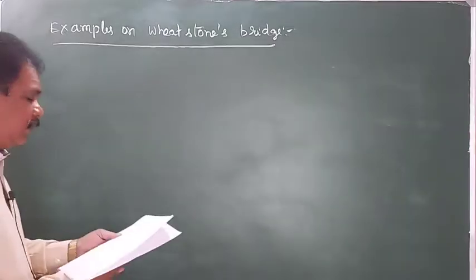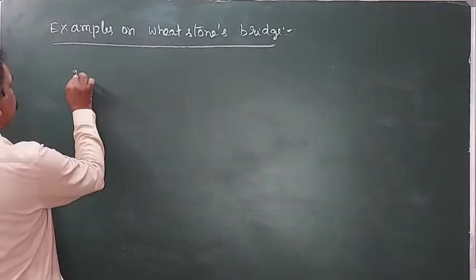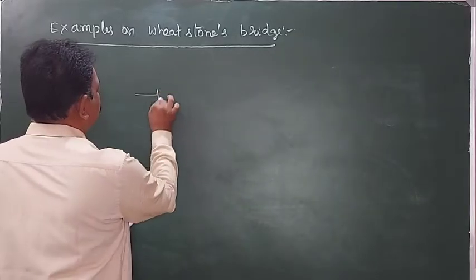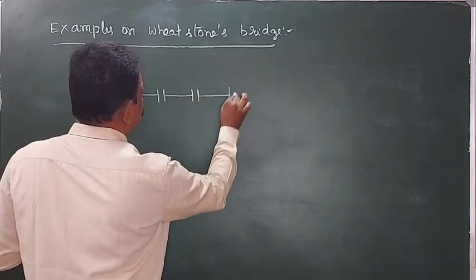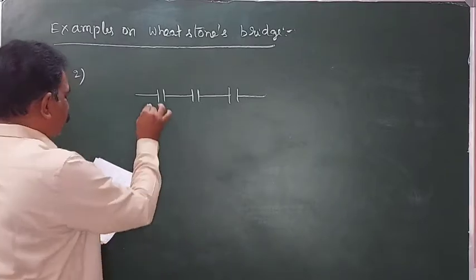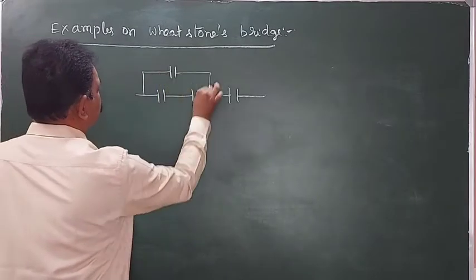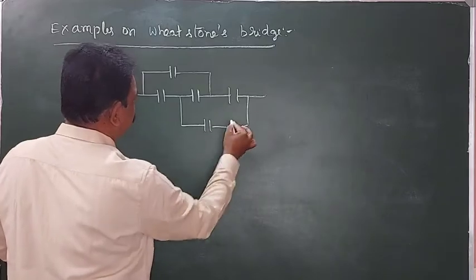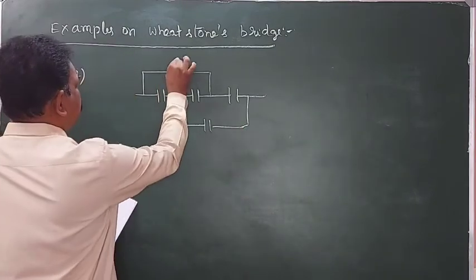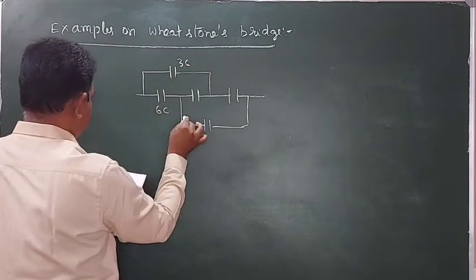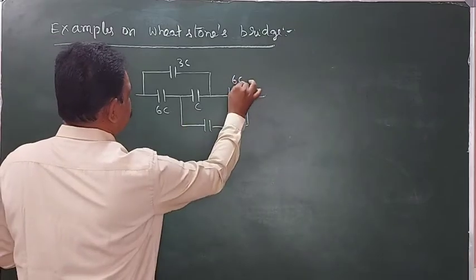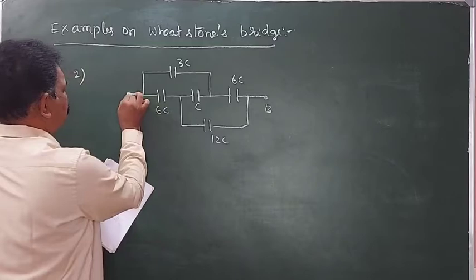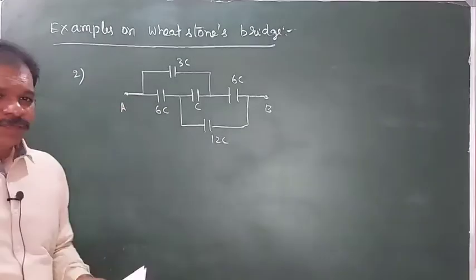Here one circuit is like this. 3C, 6C, C, 6C, 12C. This is A, this is B. Okay.